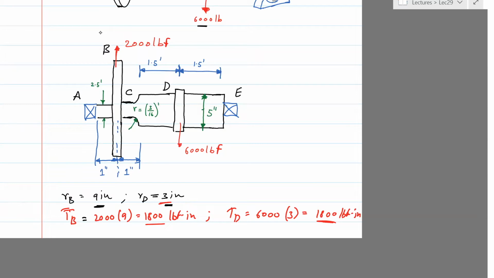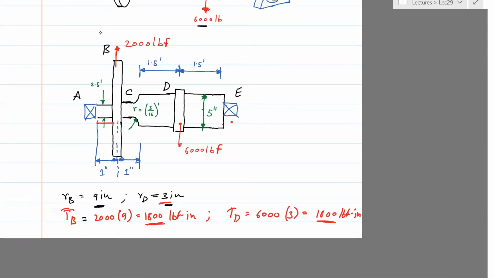The torque is 0 on the left side, 0 on the right side, but going from here to here, the torque increases suddenly to 18,000, and then it's 18,000 all the way till this point where it goes back to 0 because the torque is now in the counterclockwise direction, and then it's 0 again there.